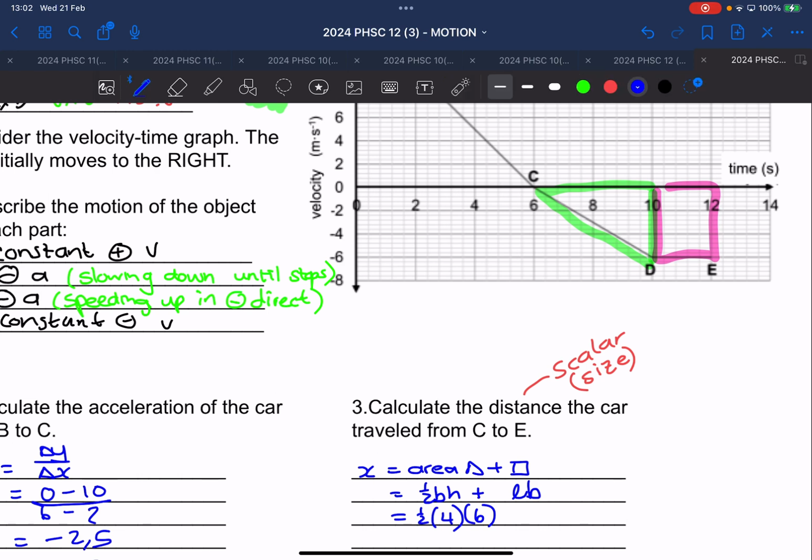Okay. Then we saw the length for the rectangle. Okay, 6, it doesn't matter which one you look at.